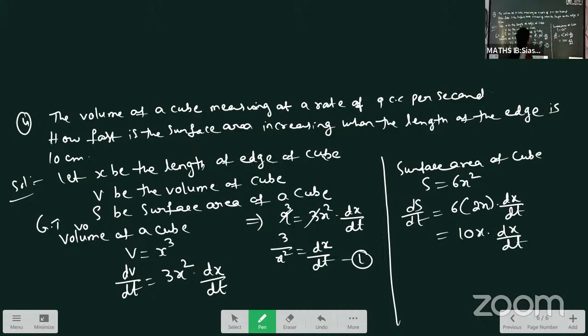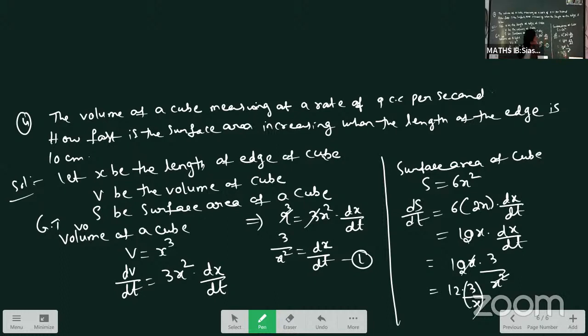Substituting dx by dt as 3 by x square, take one x cancel. So how much is left? 12 into 3 by x.